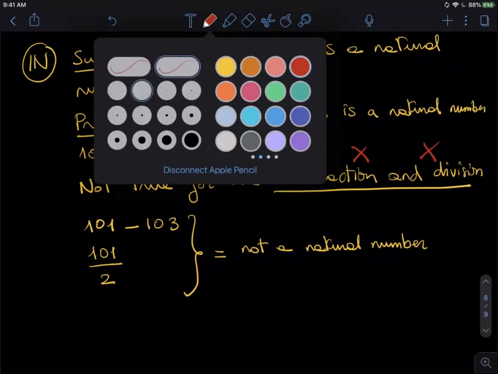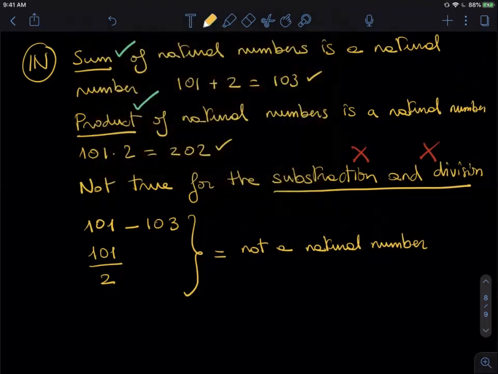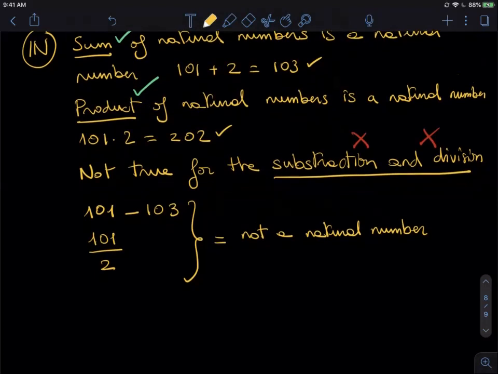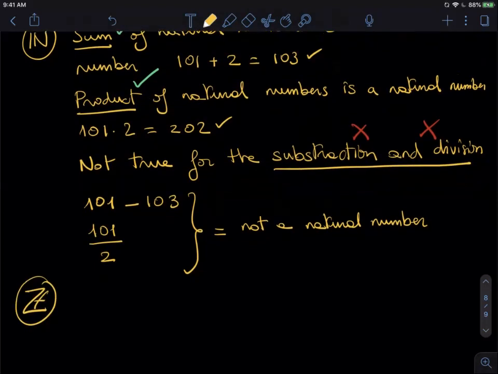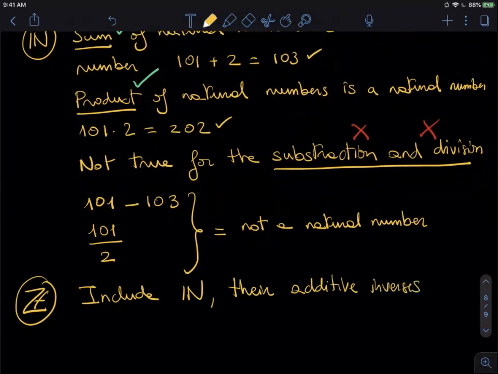So let's look at what happens with the integer numbers. For the integer numbers, these already include the natural numbers, so everything that went well for the natural numbers is still going well, but they also include their additive inverses and 0.